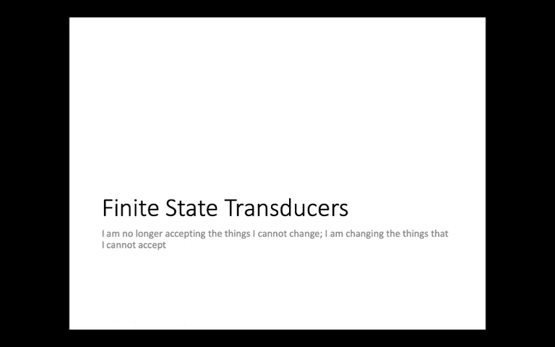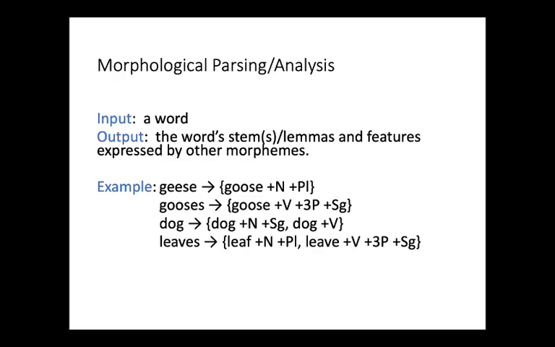So this brings us to FSTs, or finite state transducers. The idea is to be able to do morphological parsing and analysis and morphological generation. So for parsing and analysis, or for lemmatization, you start off with a word.